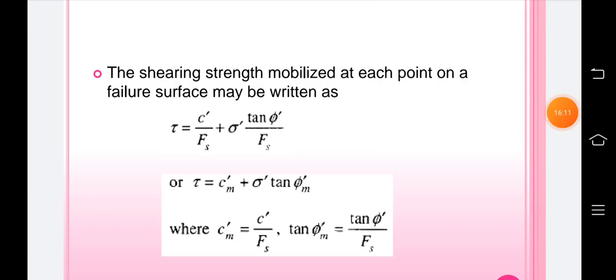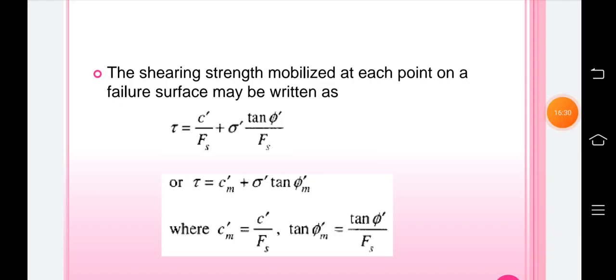This is important. From that we are going to analyze the stability of the slope for different kinds of soil, for infinite slope and finite slope.